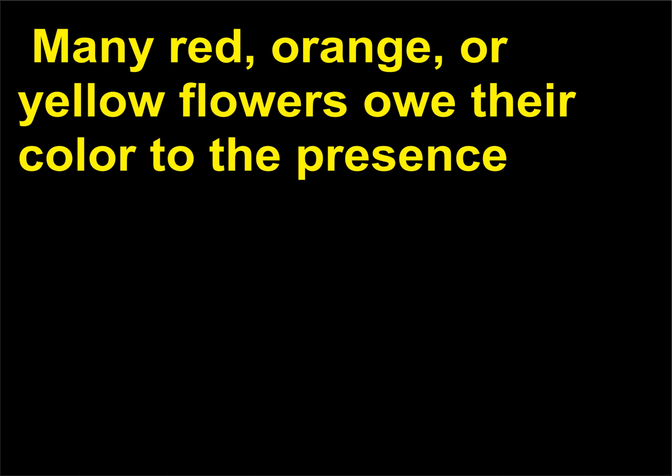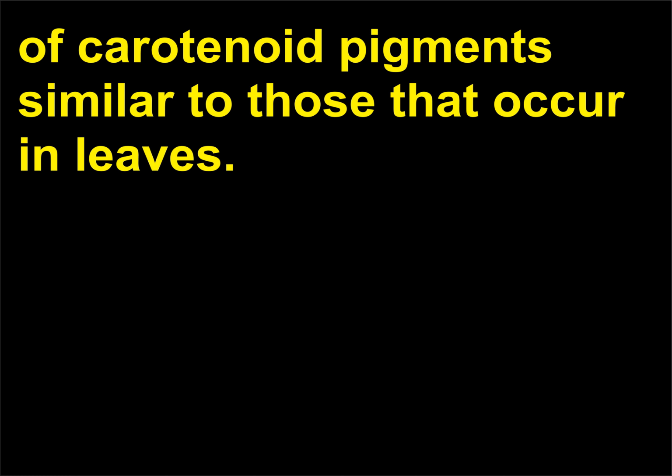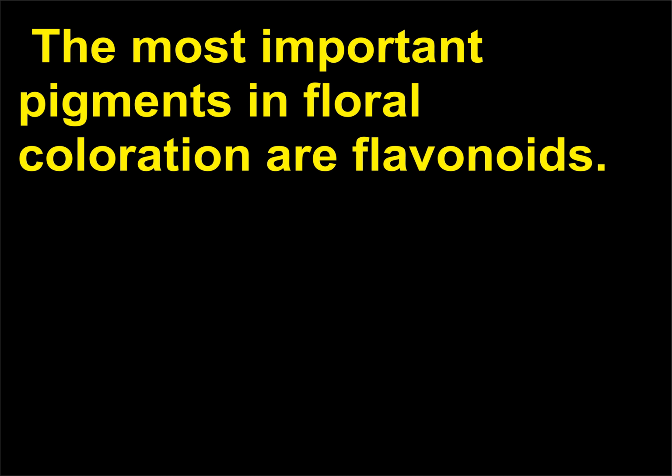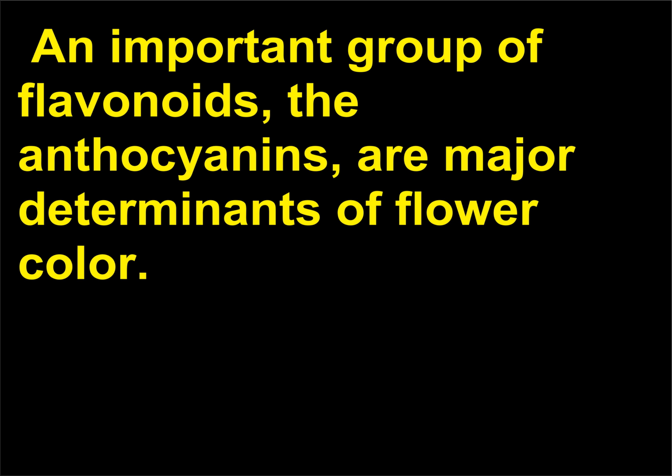Many red, orange, or yellow flowers owe their color to the presence of carotenoid pigments similar to those that occur in leaves. The most important pigments in floral coloration are flavonoids. An important group of flavonoids, the anthocyanins, are major determinants of flower color.